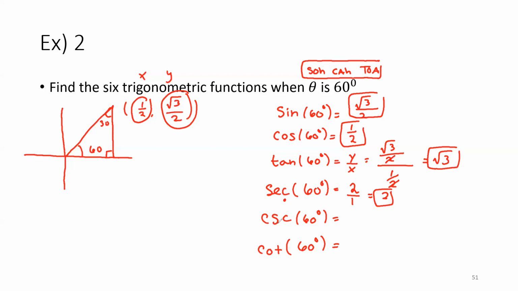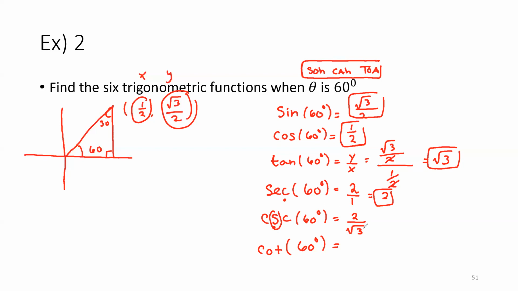Cosecant of 60, the clue is there's an s in the middle, so it's just the reciprocal of sine. So what is our sine? It is radical 3/2, so we just have to flip the numerator and denominator, so that would be 2 over radical 3. Now, I don't like having a radical on the bottom. Usually your teacher doesn't like that.